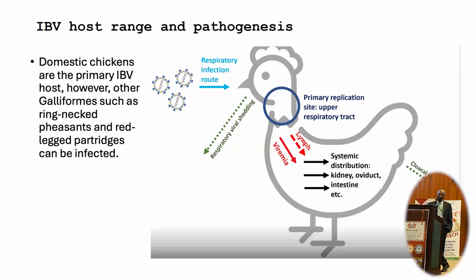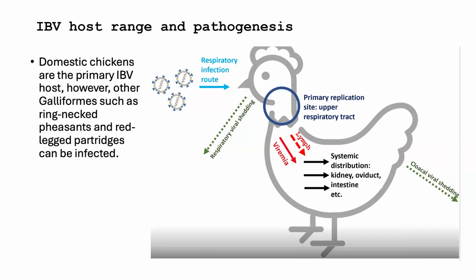So if the virus is in the monocytes and the macrophages, through the lymph, through the blood, it can spread to the rest of the body. It can end up in various body systems and replicate and cause problems. The virus is excreted through the oropharyngeal route as well as through the cloacal route.